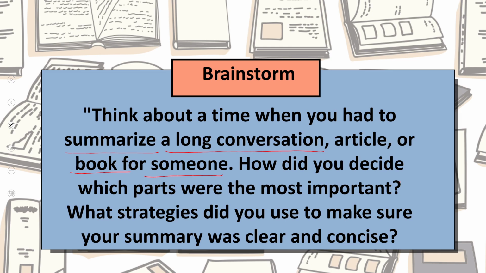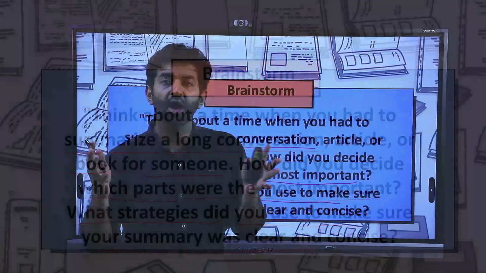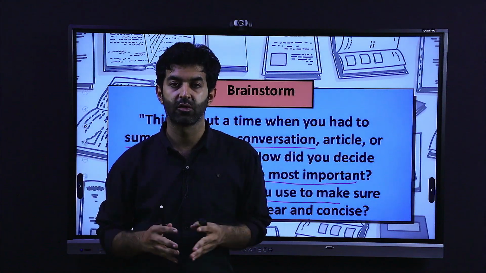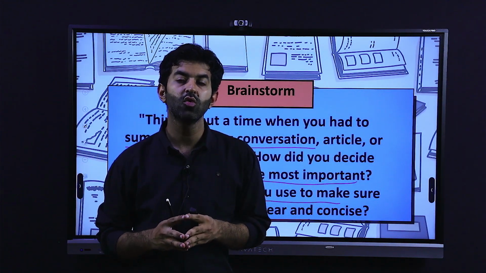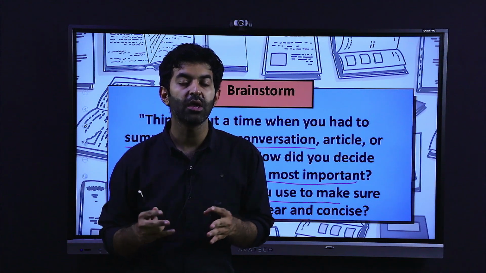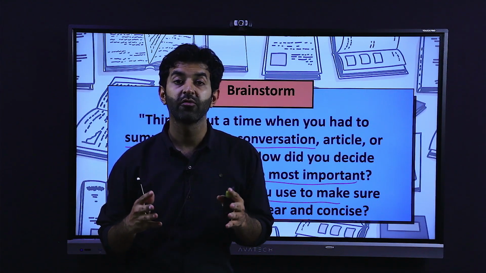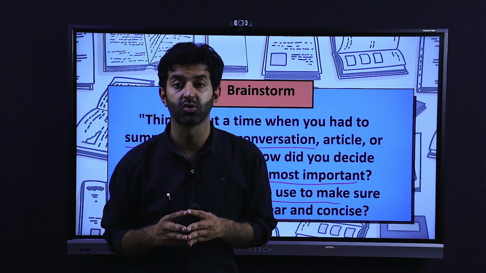How did you decide which parts were the most important that needs to be included in that summary? What strategies did you use to make sure your summary was clear and concise? So how did you summarize a very long text, the original text, into something very short, maybe 1/4 or 1/5 of the total length of the original passage?